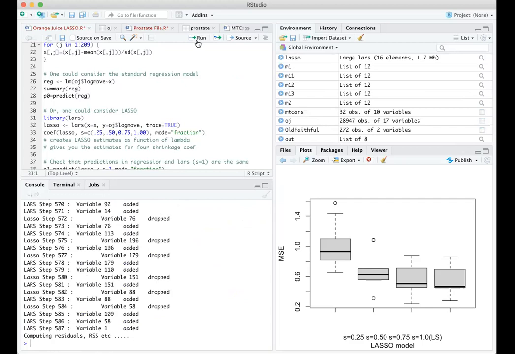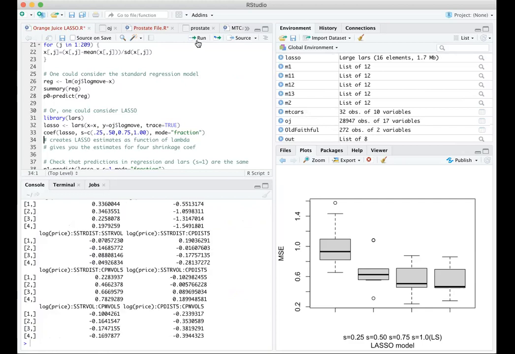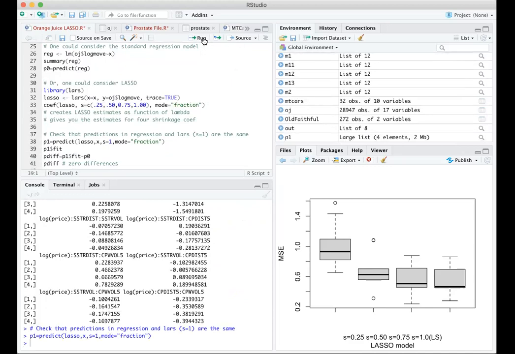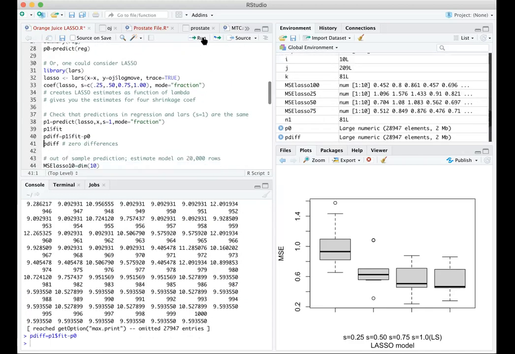This creates the lasso estimates as functions of lambda, and gives you the estimates for 4 shrinkage coefficients. Now we check the predictions in regression, and LARS with s equals 1 are the same. There are 0 differences when we take the difference.